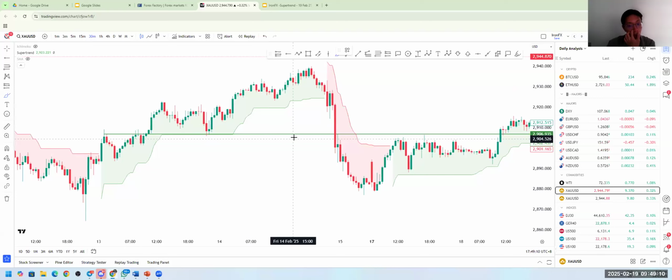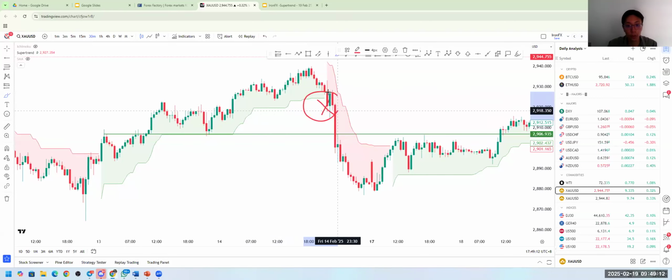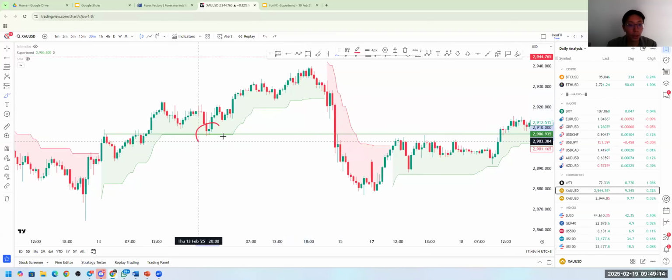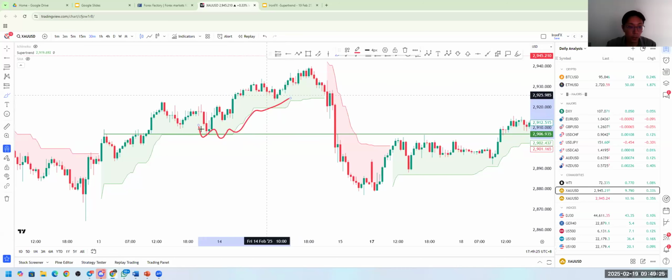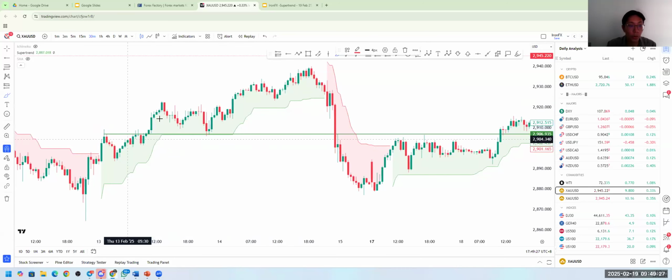You don't need to always trade reversals. This is to trade the reversals, but this is to trade the lower band of the Supertrend indicator. So you can also trade the bands, right? If it bounces on this level, along with your horizontal level, you can enter.